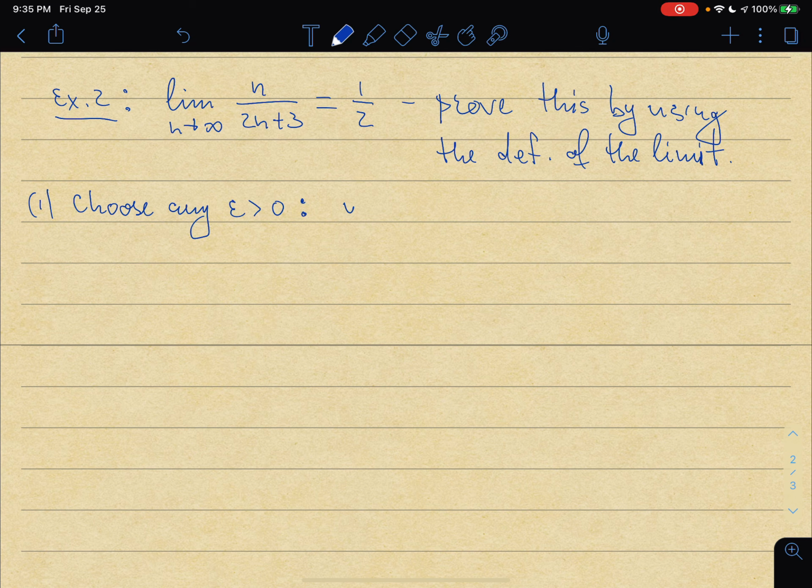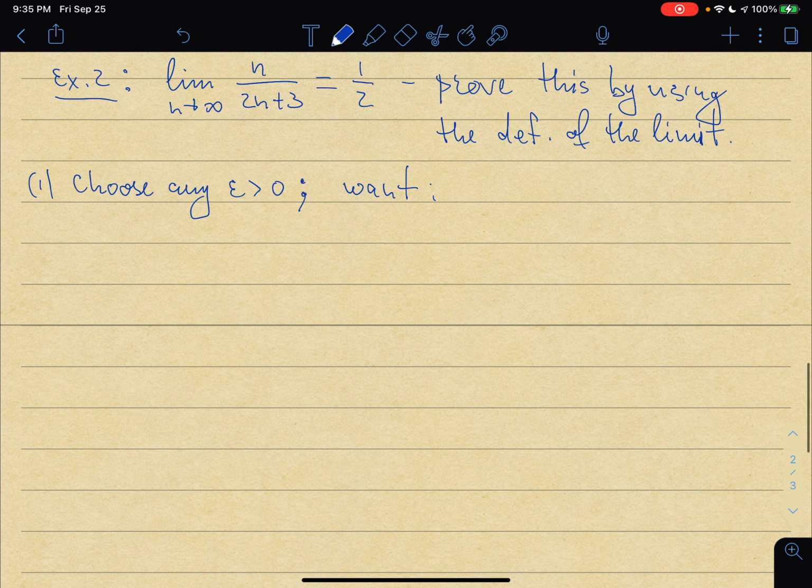And what I want is the difference between Sn and the limit to be less than epsilon. So I want to be able to choose capital N such that if n is bigger than capital N, then this difference, Sn minus the limit, is less than epsilon.